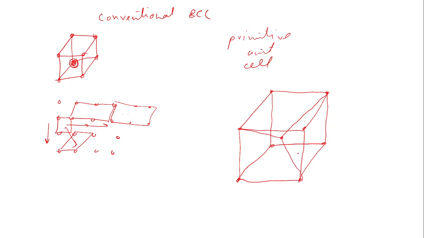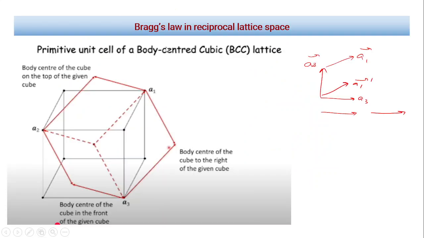Now I make parallel to this and parallel to this vector also, and then I'll get this, and where these two intersect, there will be another point, another atom actually, that I want to show. When I join them and again take parallel to them, where they intersect, there will be another point, and this point means this atom will be the body center of the cube on the top of the given cube.